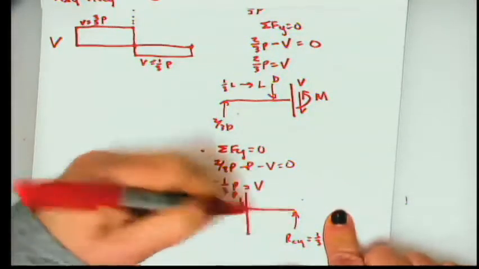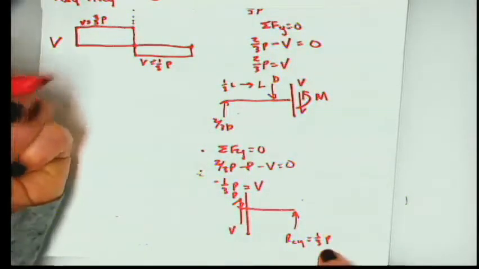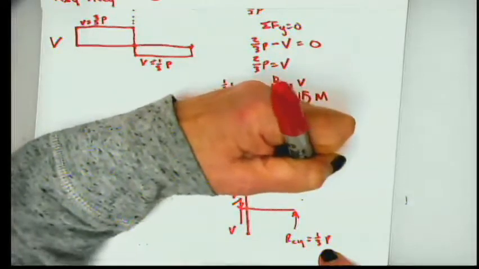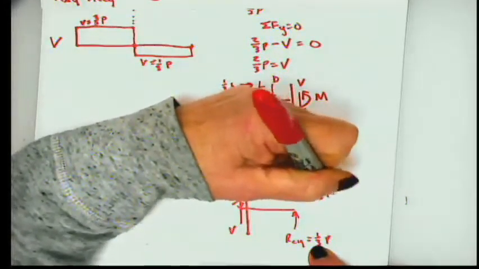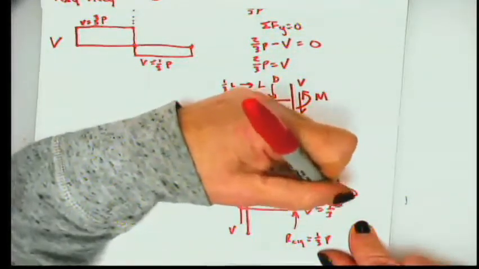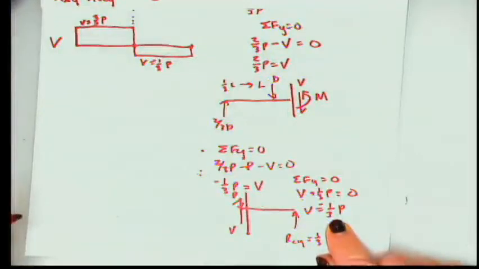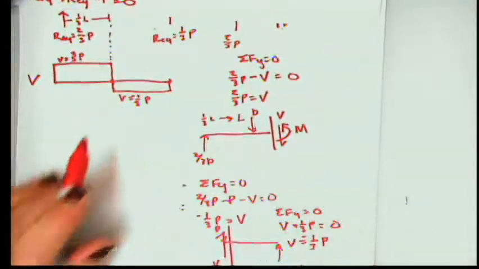When we're cutting from the right to the left, we would draw our V looking like this. So then when we did the summation forces Y equals 0, we would get V plus 1/3 P equals 0. Solving for V, we would get V is equal to negative 1/3 P. That's exactly what we got here, which is kind of the whole idea.